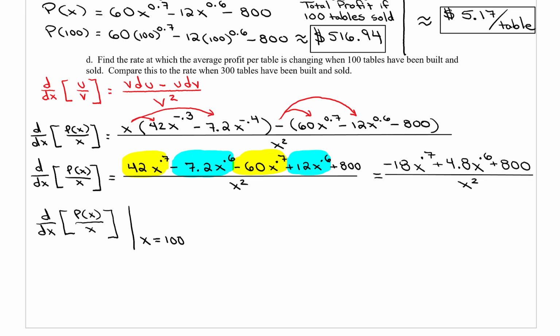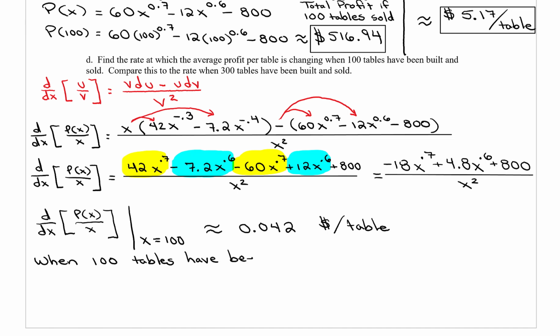Or you could also just evaluate this at the function that I wrote up above, which I just simplified. This is going to be approximately equal to $0.042 per table when 100 tables have been built and sold.